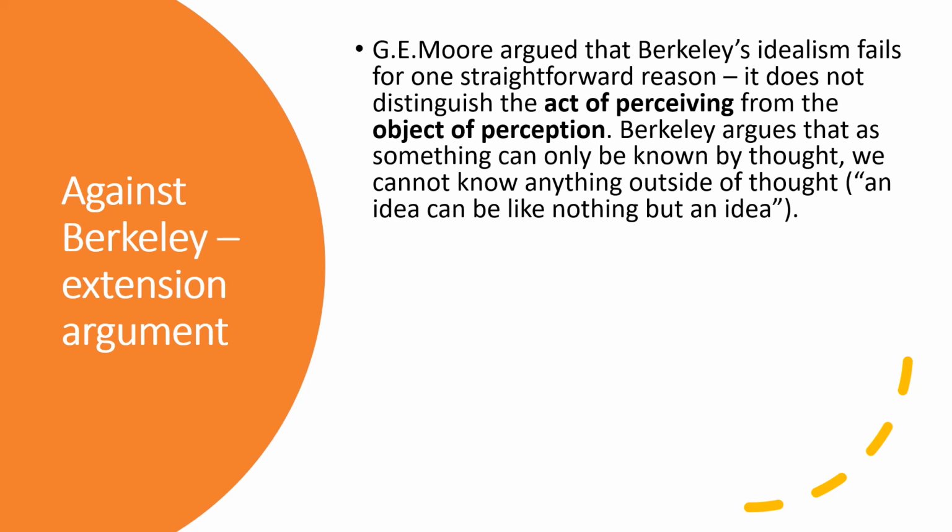So Berkeley argues that as something can only be known by thought, then we cannot know anything outside of thought. So this is the kind of thing Berkeley talked about when he said that an idea can be nothing but another idea. But this is a mistake, according to Moore, for this reason.